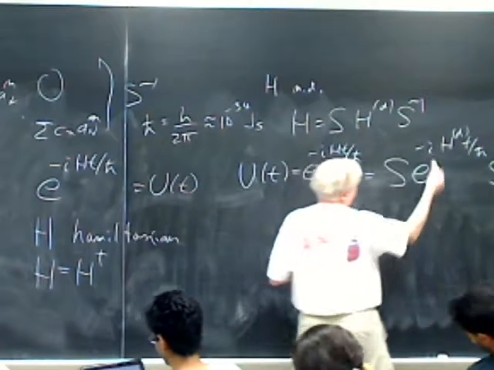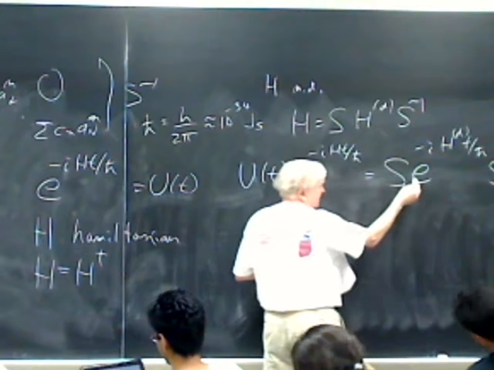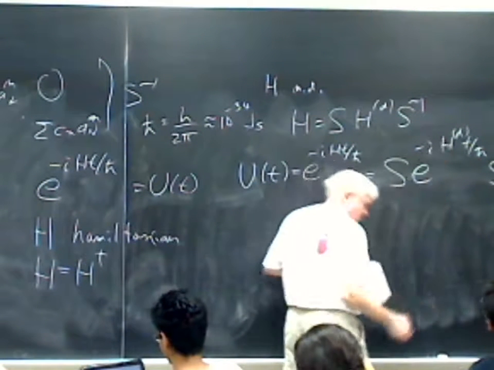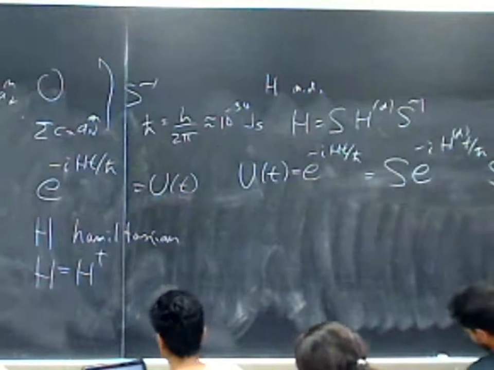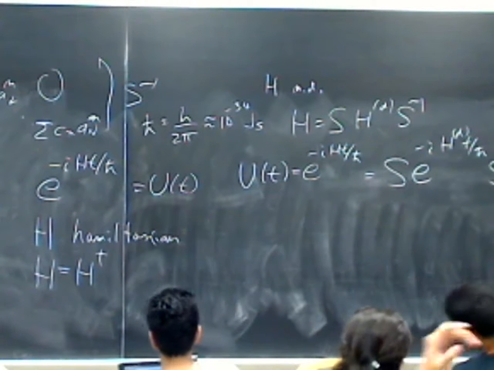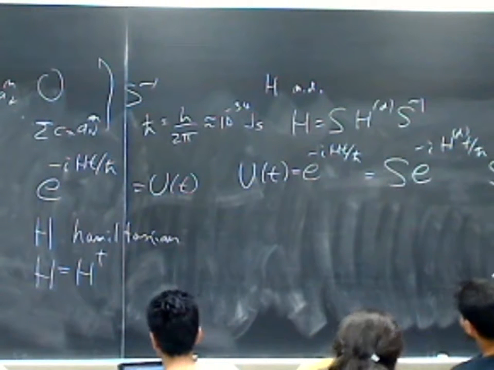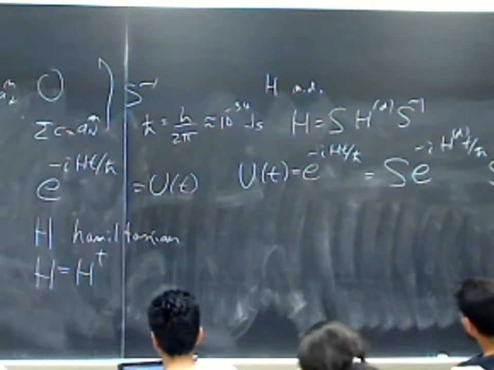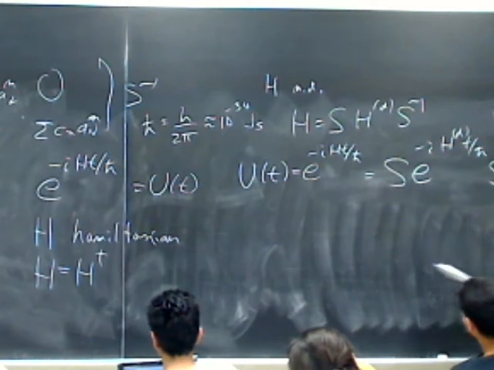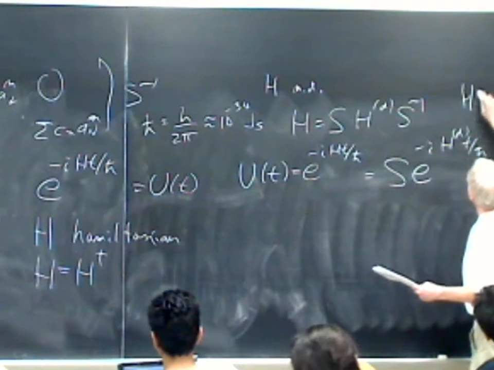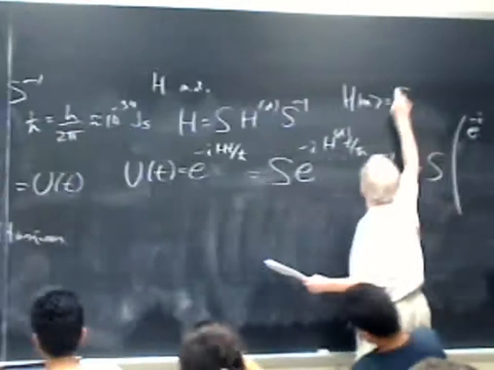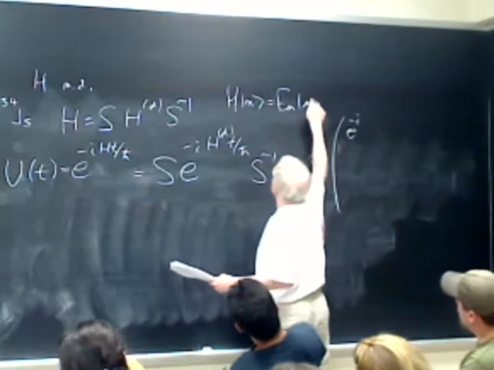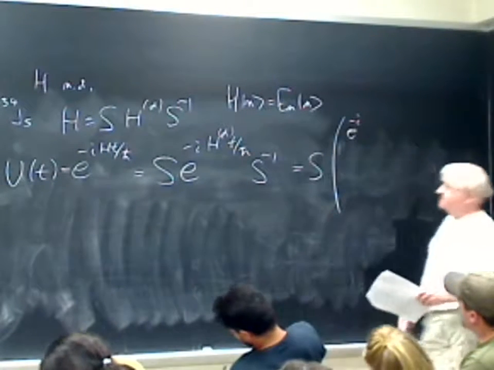And now this exponential diagonal matrix is itself a diagonal matrix, and in particular it's S and then e to the minus i t over h bar times the eigenvalues, normally we call them energies E sub n.